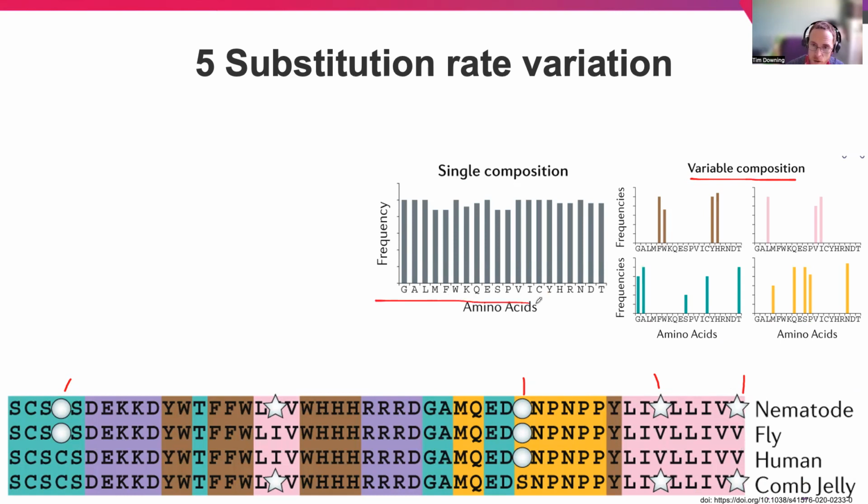So if you look at the composition of the different amino acids in this alignment overall, we see that there are no differences. However, when we look at different regions, we can see that some have overrepresentations of certain amino acid types compared to other ones. So this means we have to think carefully about a model of what particular amino acid is actually possible to occur at a particular locus.